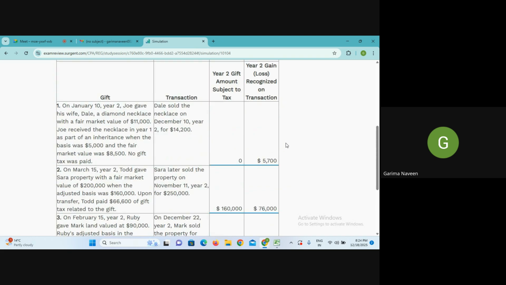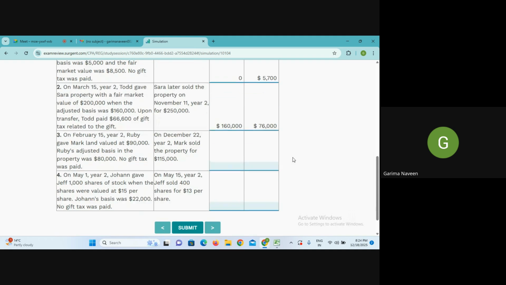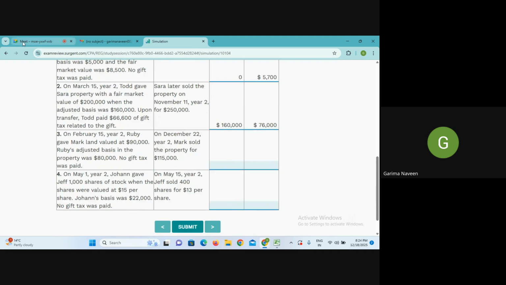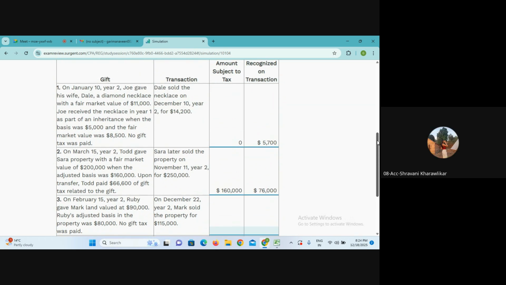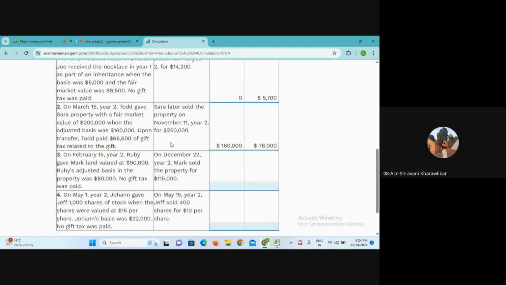Okay. And Dhanashri, do you want to change something, or have you got the explanation? Ma'am, the 1,73,320 which we got before, will that not be a part of the 160 amount that we put in the first column?